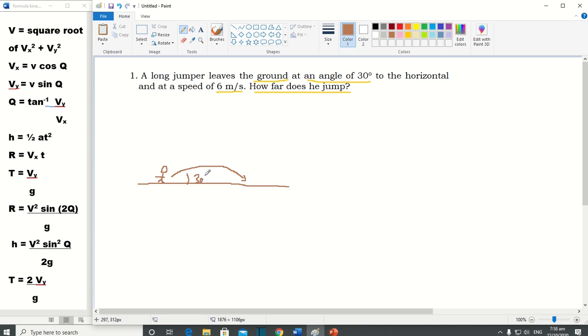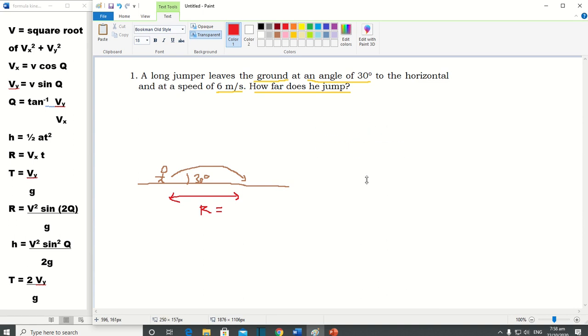So, question yan is, how far does he jump? Ang hinahanap natin yung range. Ayan. Yung range. So, ngayon, meron din tayong velocity na 6 meters per second.